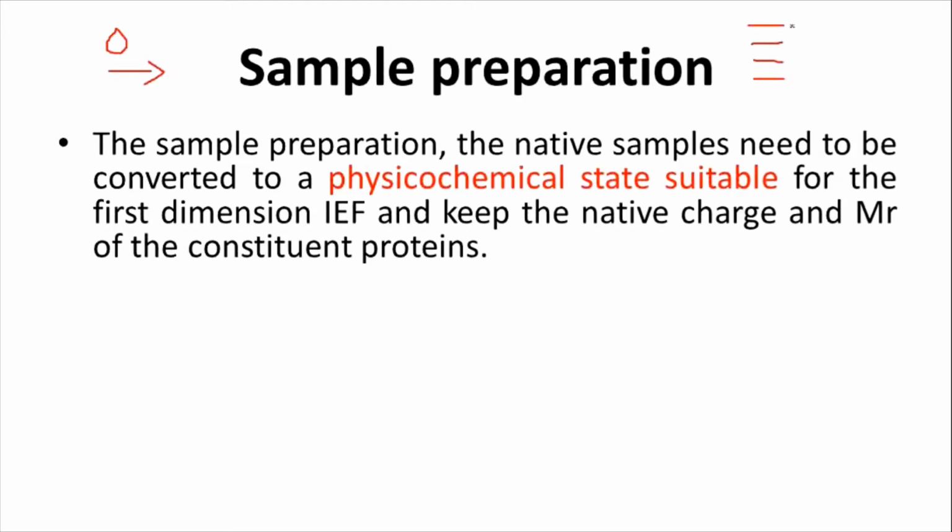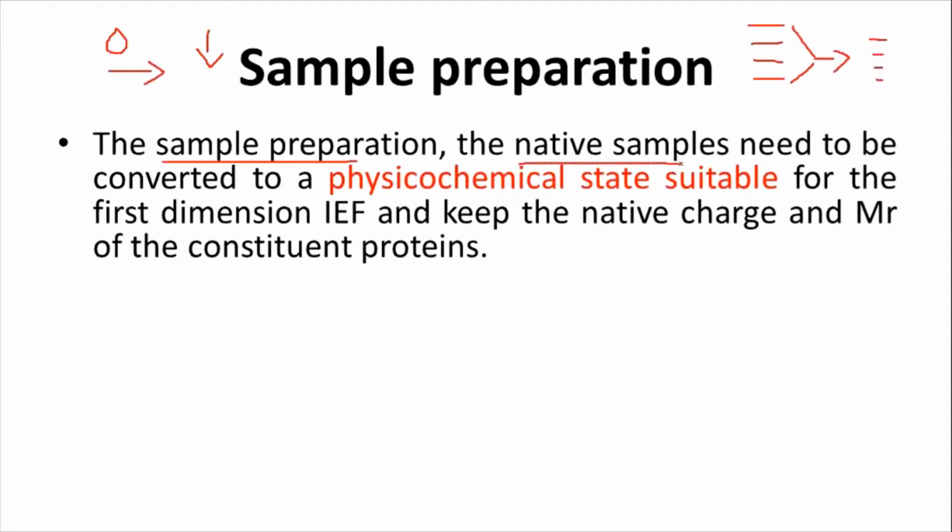This information can be predicted, and I will tell you in future how it is predicted. Those are the things you should already know. Then only can you effectively prepare the sample for 2D electrophoresis. Likewise, sample preparation is very important.